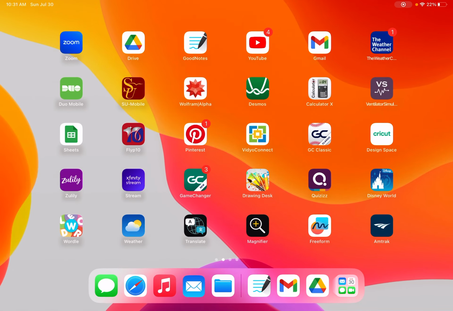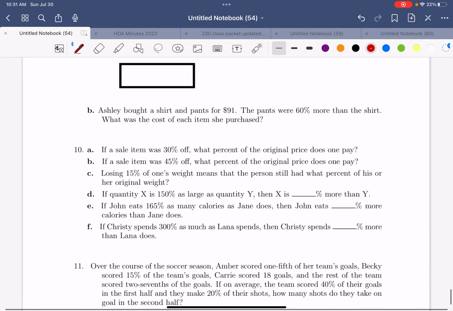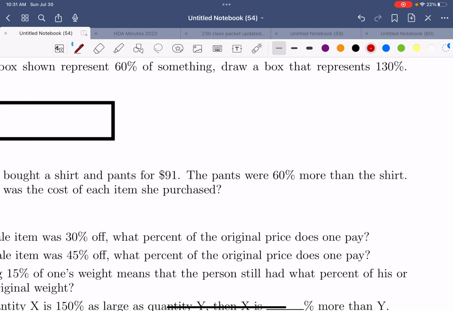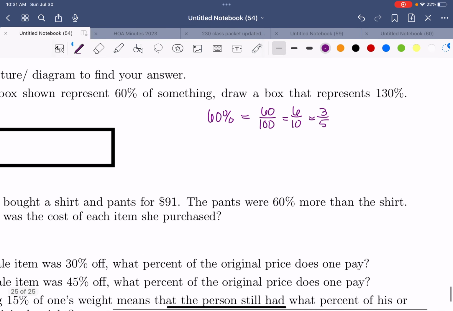In 9B, this can definitely be done using boxes. I think that most likely what I did, and I'd have to look at the solutions again, is that 60% is 60 out of 100, which reduces to 6 out of 10 or 3 out of 5. If you're going to use boxes on this one, then this ratio, the 60%, relates pants to shirt.